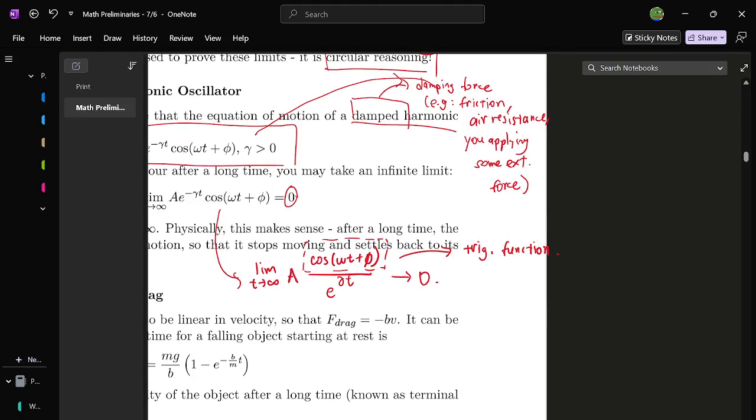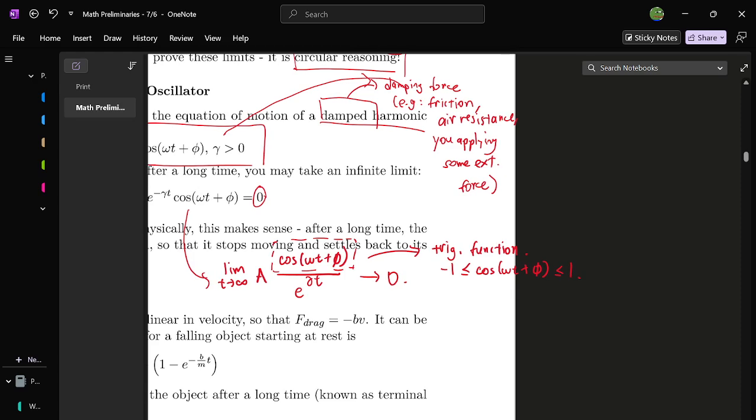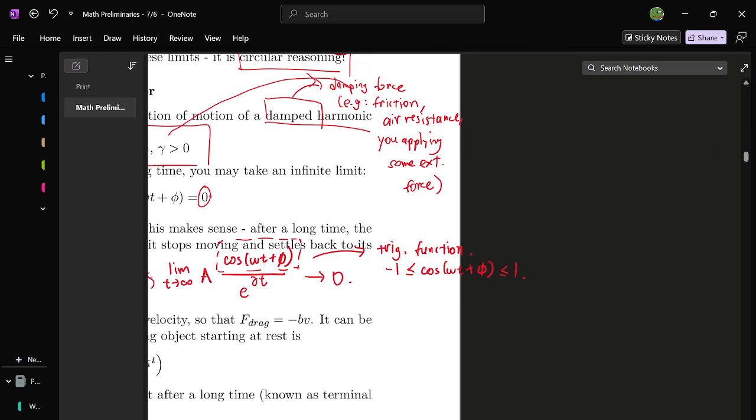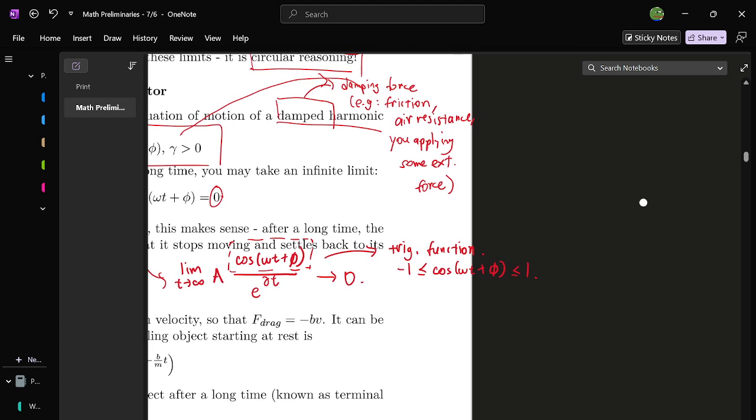Cosine is always bounded between -1 and 1, so the value of this cannot exceed 1.